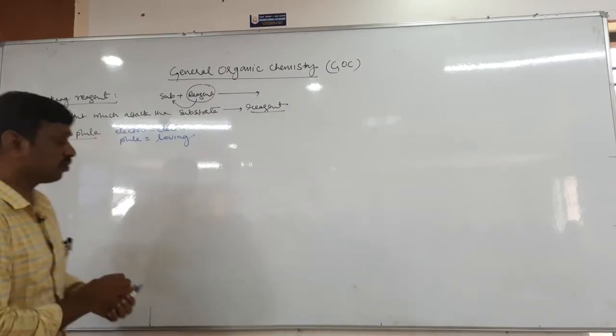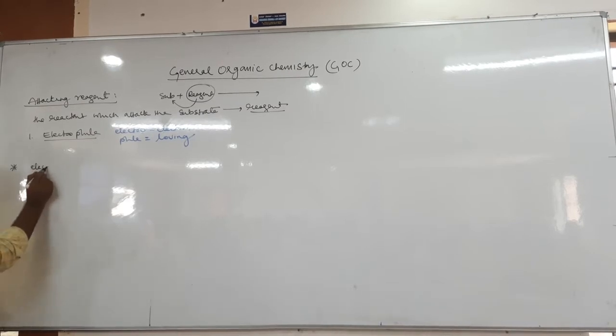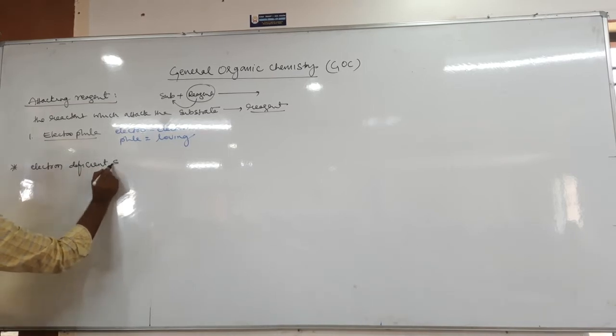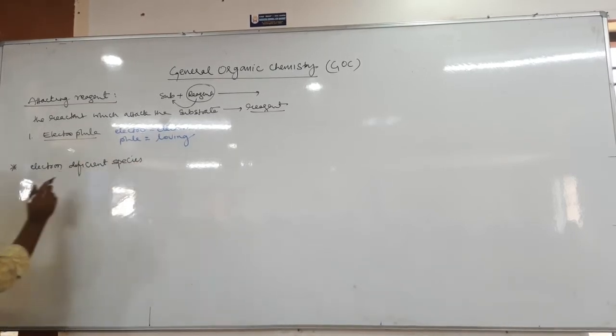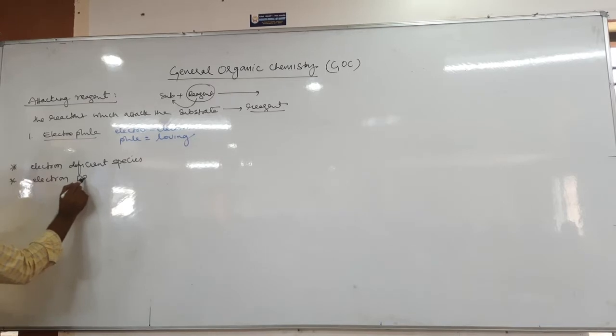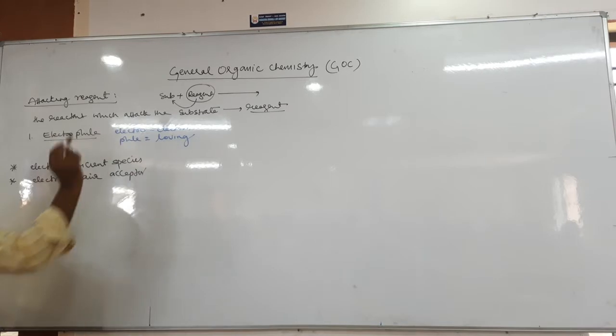So the definition of electrophile is electron deficient species. Can we say electrophiles are electron pair acceptors? Yes, because they accept electrons. So electrophiles are electron pair acceptors.